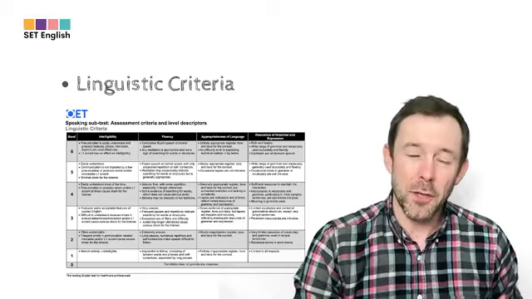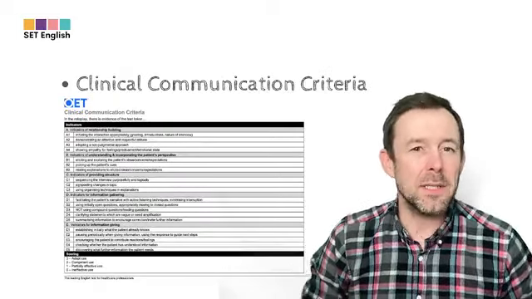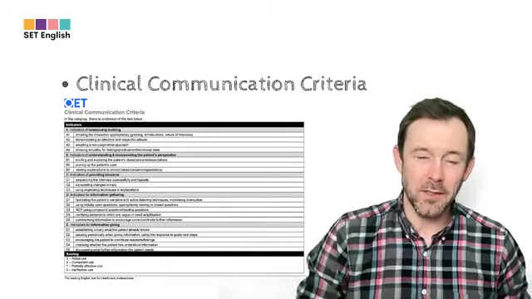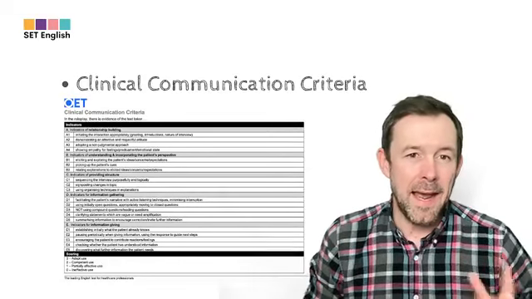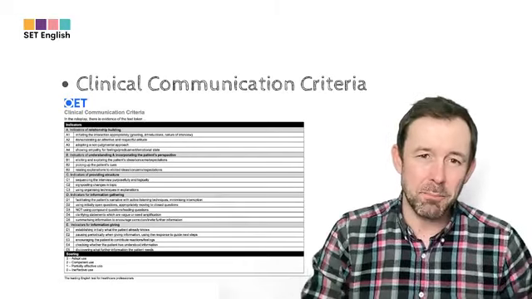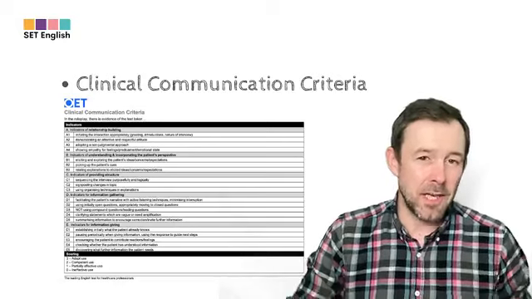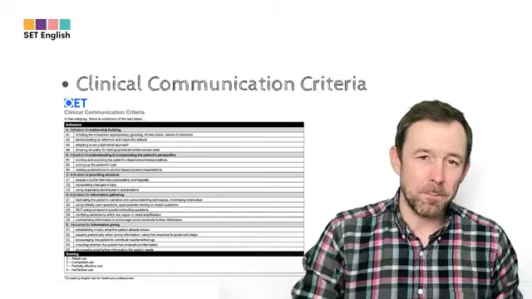And then you've got another criteria called clinical communication criteria. And you can see that that's quite a complicated chart. That chart has got A, B, C, D, and E, all of the different indicators: relationship building, understanding and incorporating patient perspective, providing structure, information gathering, and information giving.